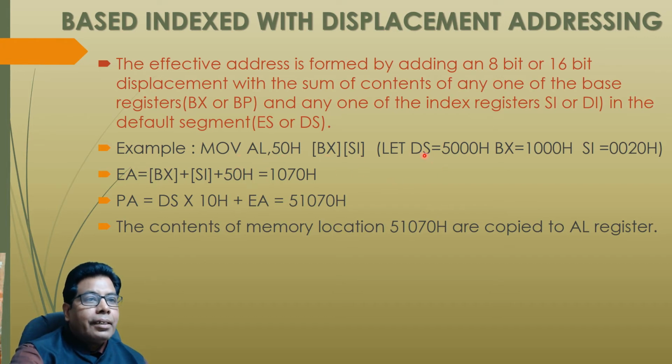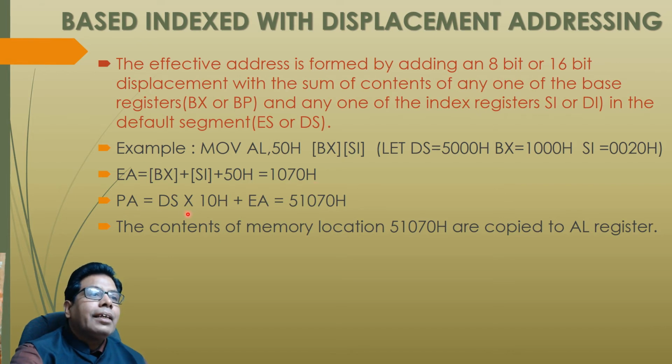Now again let DS be equal to 5000H, BX equal to 1000, SI equal to 0020. So the BX, that is the base register, is combined with the index register, and then the displacement is added to that. So that gives us the effective address 1070H.